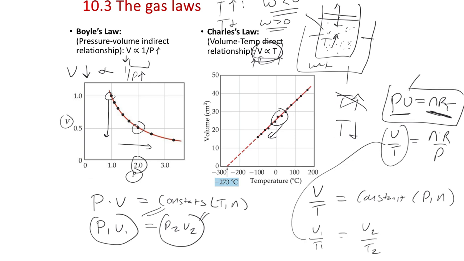You can see PV is equal to these constants, so P1V1 equals P2V2, because they're both equal to the same nRT as each other. And then V over T is equal to nR over P. So if you change V1 and T1 into V2 and T2, they have to, by ratio, still be equal to n times R divided by P, so they have to be equal to each other.